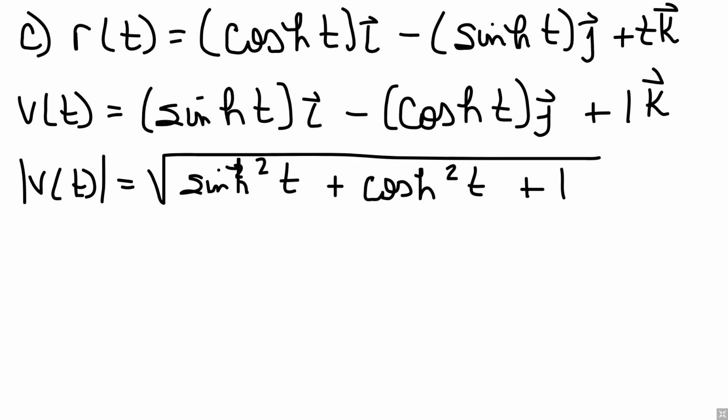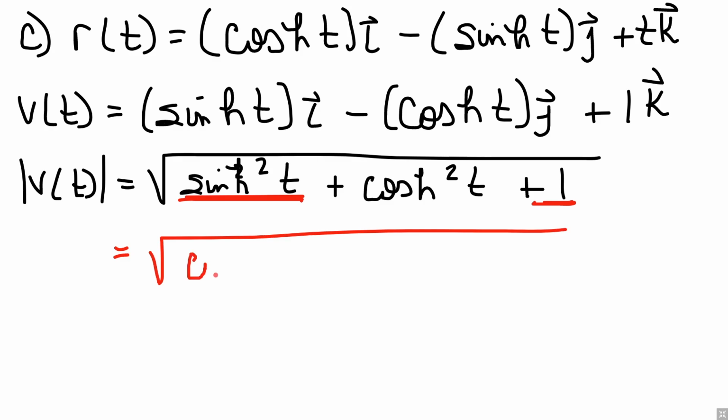All right, so at this time, we're going to use identities in order to simplify this. What I know is that hyperbolic sine squared of t plus 1 is equal to hyperbolic cosine squared of t.